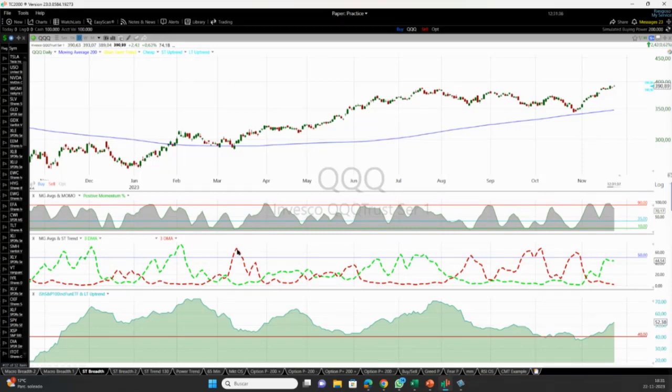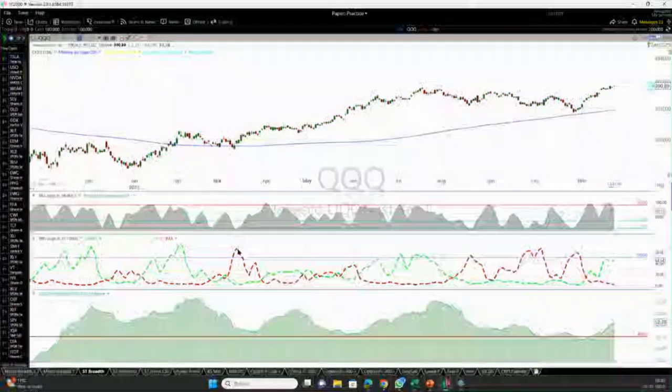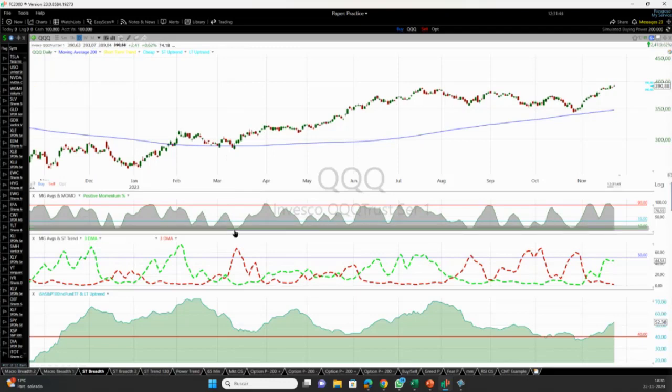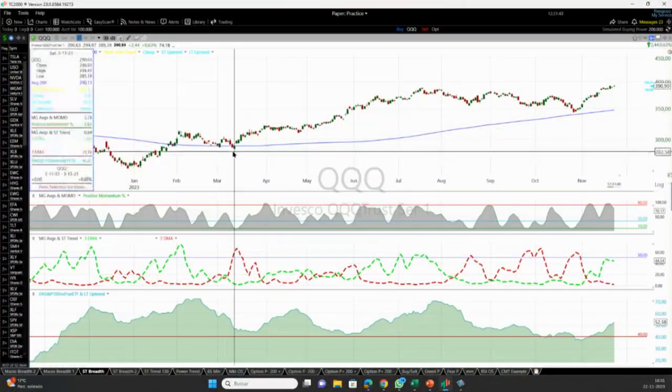So the extreme distribution in the Williams accumulation and distribution indicator, and the percentage of stocks below 10% with the 5-day moving average.